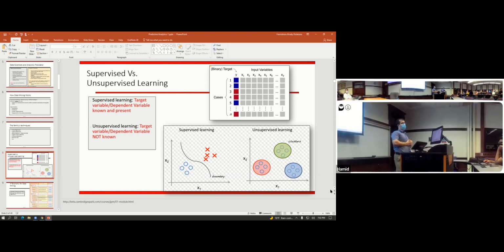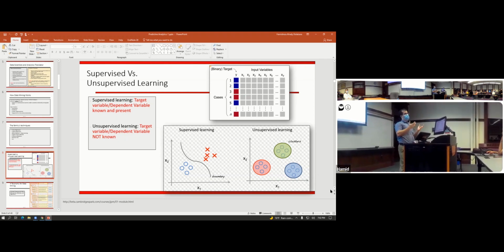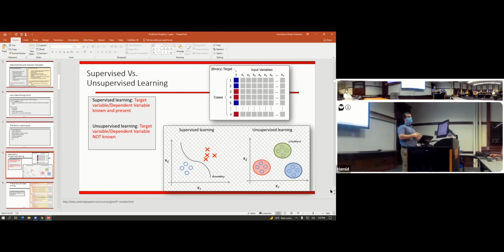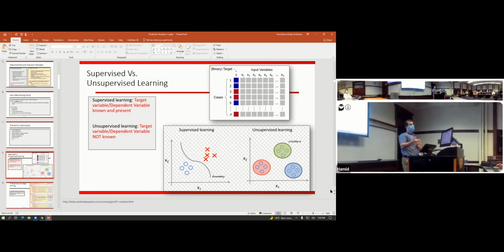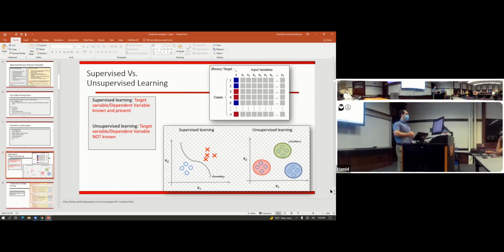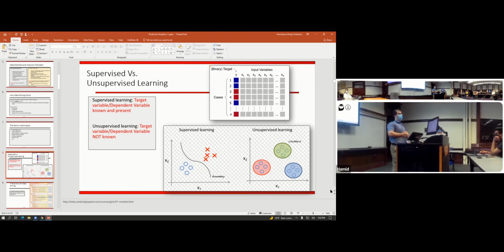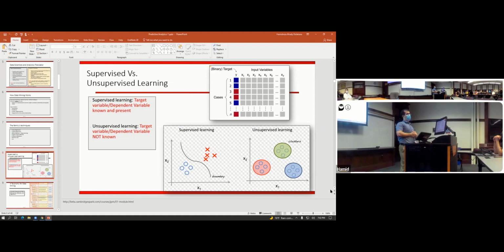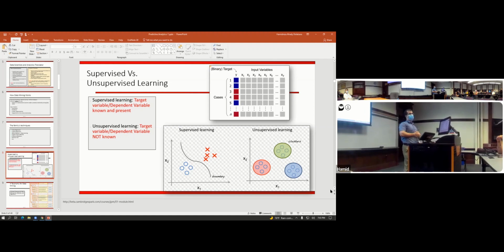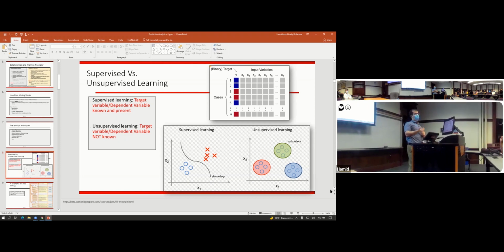Unsupervised learning is basically you don't know your dependent variable. You just have a bunch of variables and you try to group your observations based on some certain characteristics. One of the best applications might be YouTube ads. Based on the videos that you have seen and the cookies information on your system, YouTube could decide you belong to some certain people and show you some specific ads.